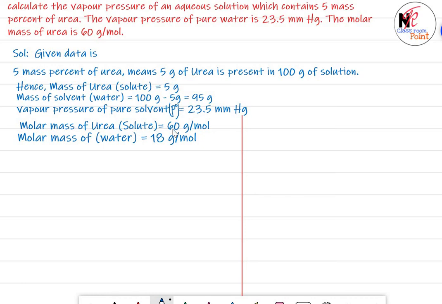Molar mass of urea solute is 60 grams per mole and molar mass of water is 18 grams per mole.